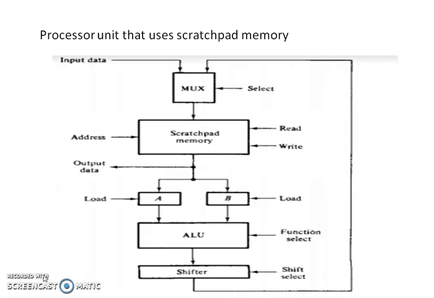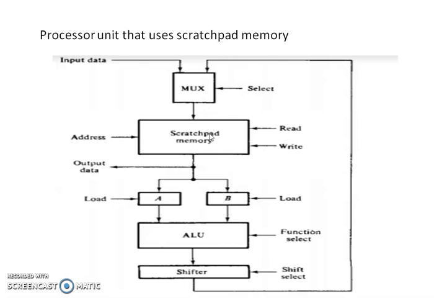So in the previous video, we have seen the scratchpad memory, in which there is a multiplexer that helps in choosing the input data as well as the output data that needs to be written to the memory.